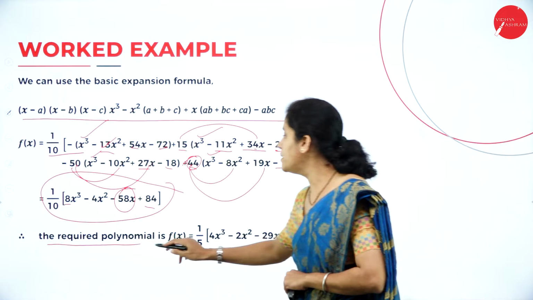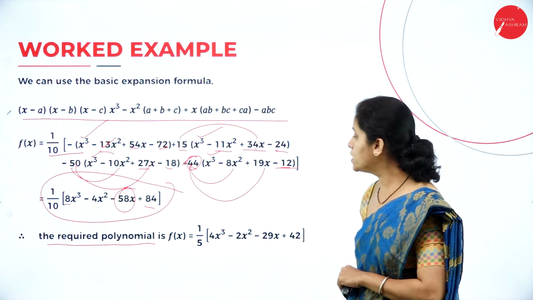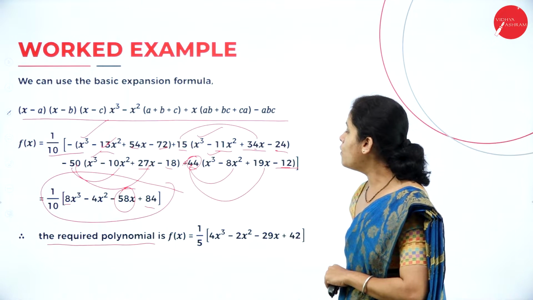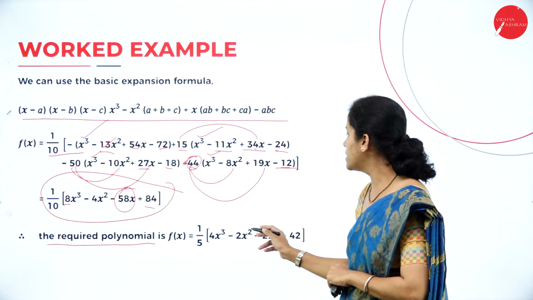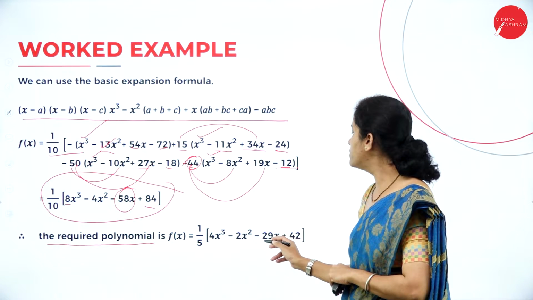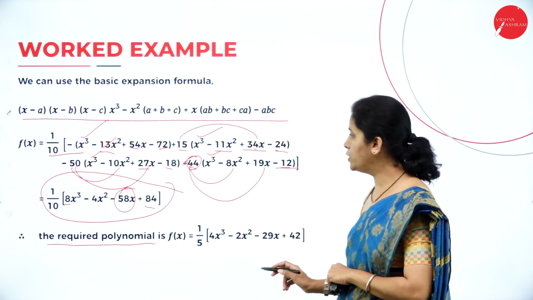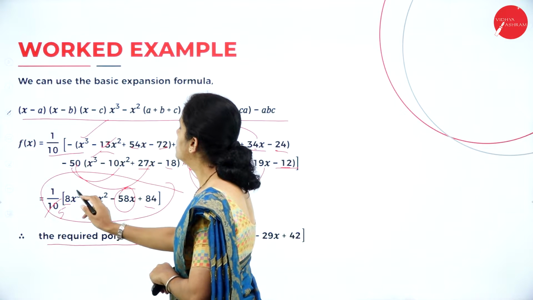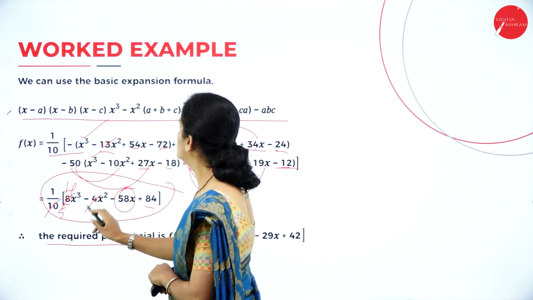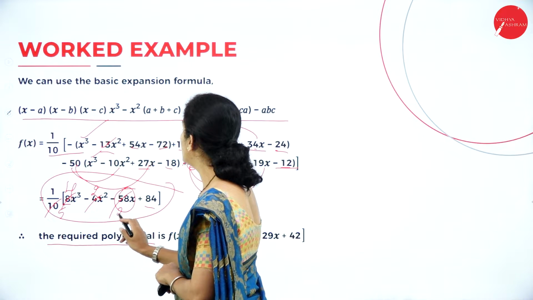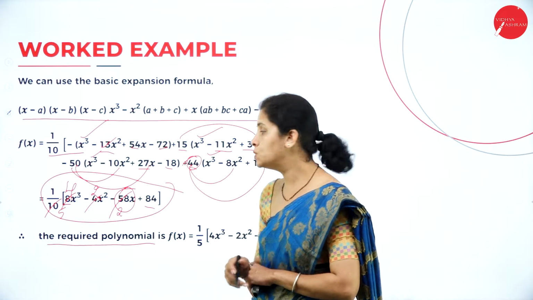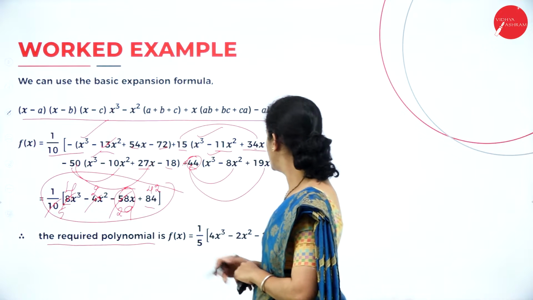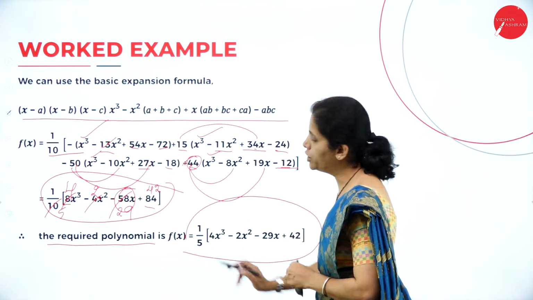So the required polynomial is f of x equal to 1 by 5, that is 4x cube minus 2x square minus 29x plus 42, because see here, 2 5s are, 2 4s are, 2 2s are, 2 2s are, and it is 18, 2 9s are, 2 4s are, and 2 2s are. So this is the required polynomial.